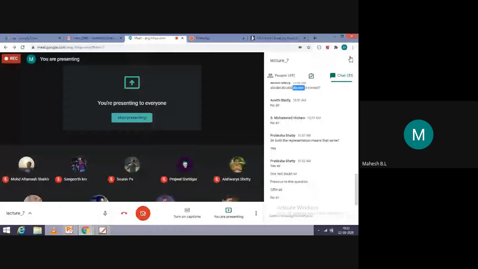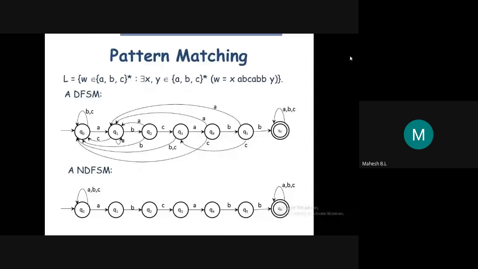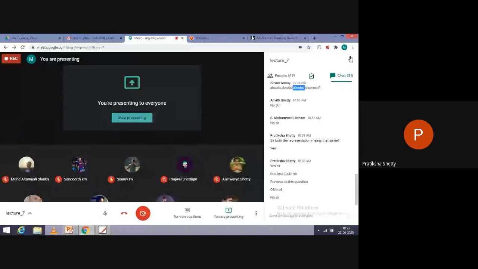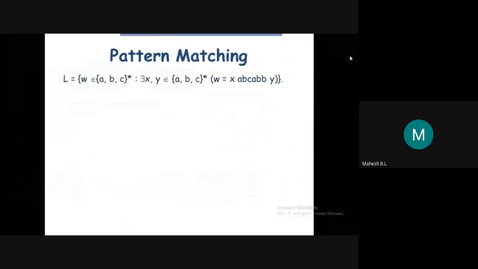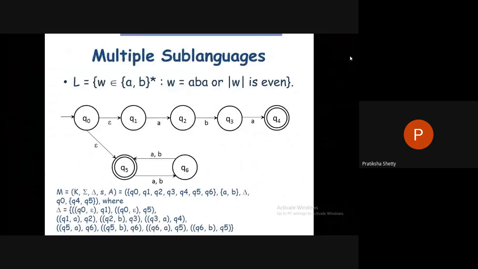Pattern matching. No, sir, previous to that. This one. Before this. Yes, this one. What is your doubt in this? So Q5 to Q6, that A comma B is there, sir. I have a doubt in that, sir, like how that A comma B came.